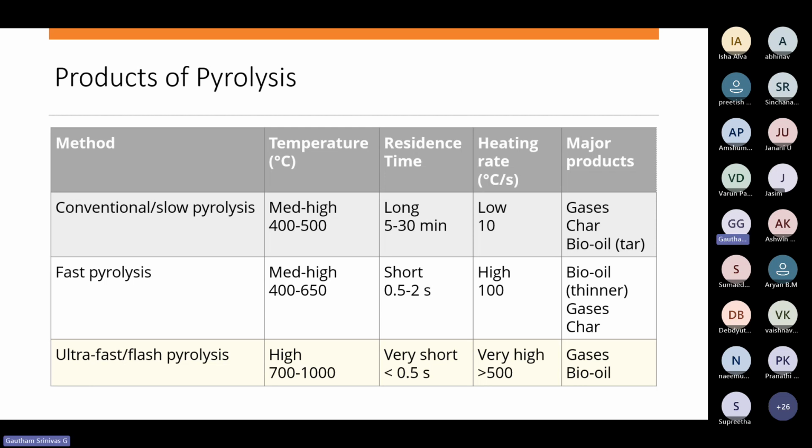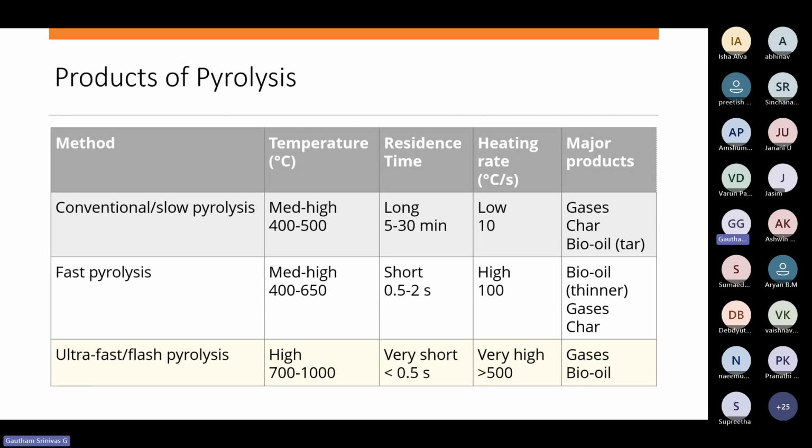Now, fast pyrolysis is a rapid thermal decomposition of biomass. The heating rates are moderate to high, around 100 Kelvin per second. In this case, you have mostly bio oil forming.